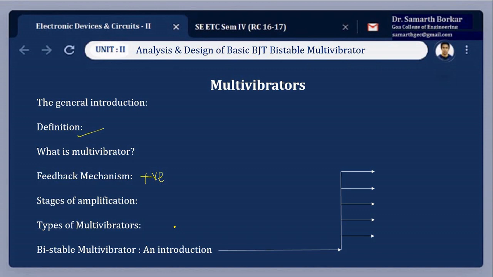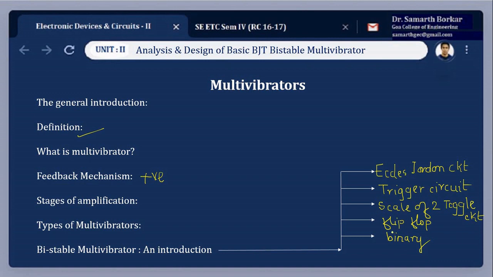Now let us try to understand what exactly a bistable multivibrator is. The bistable multivibrator is also referred to as Eccles-Jordan circuit, trigger circuit, scale of two, toggle circuit, flip-flop and binary. Basically it has two stable states.